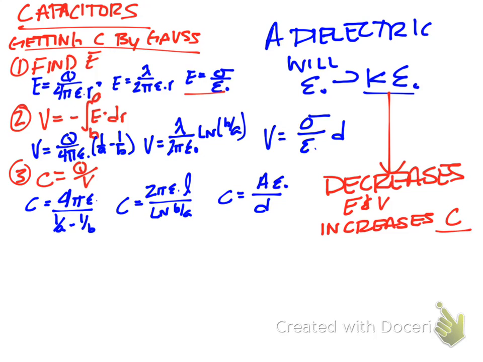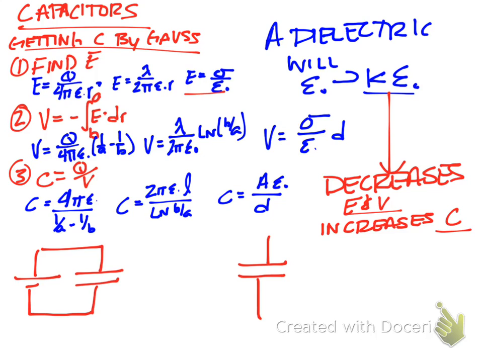That's what a dielectric does. So there are some things that we like to do as far as questions for dielectrics go. And for this, we will talk about a capacitor attached to a battery, and then an isolated capacitor.